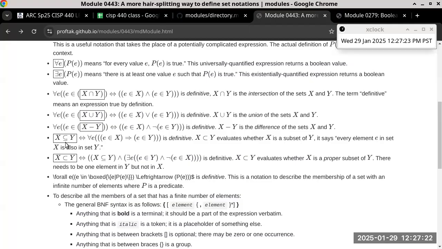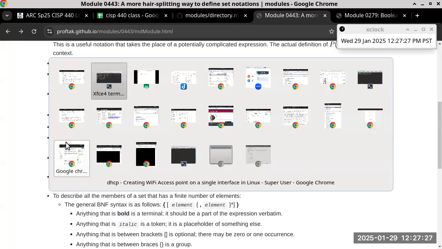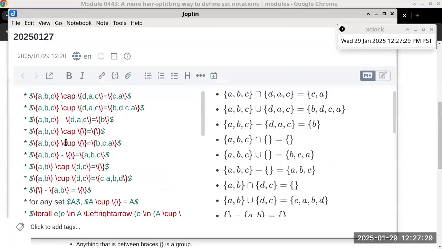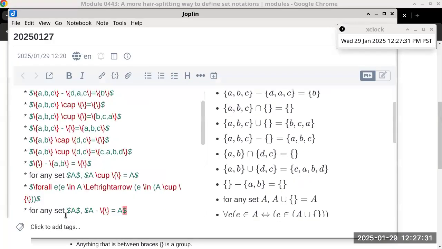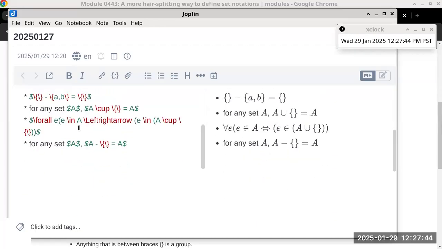So it's time to use an example again. This time it's going to be a slightly more elaborate example. Let me go here. Oh, right, the other side is not scrolled down yet.